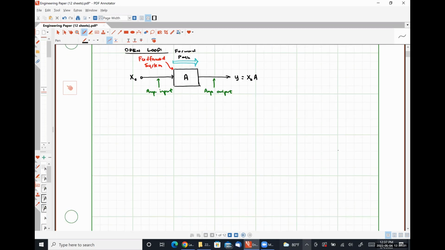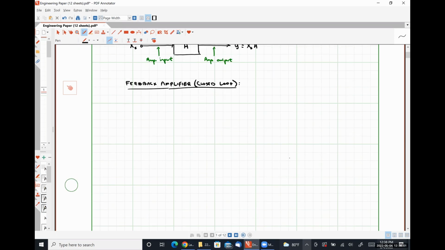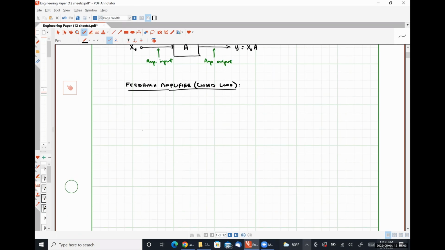So for a feedback amplifier circuit, we're going to approach this from a signal flow diagram perspective. This would be a closed loop system. We'd start again with our source signal, XS.